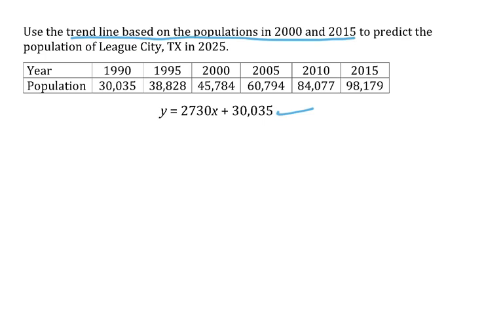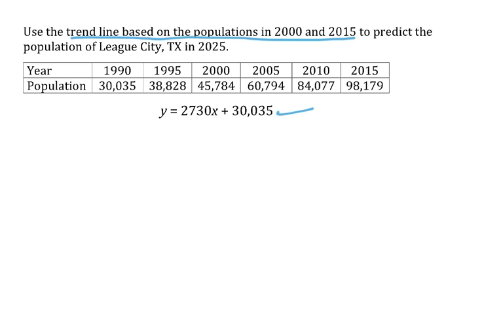This would be a useful tool to have if you were a city planner and you were concerned about the needs of the city, perhaps roads, perhaps utilities, going into the future, knowing how to plan for continued growth. If you have this model, what you simply can do is plug in new values of x going off into the future.